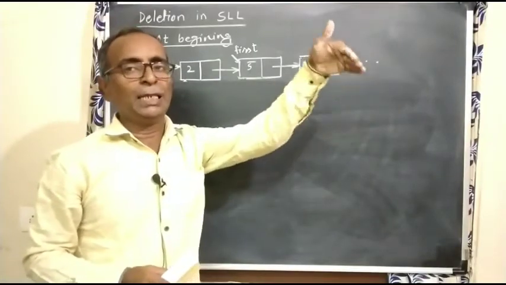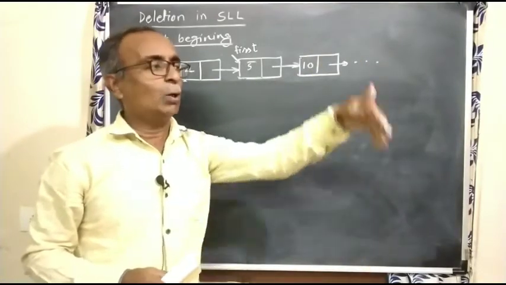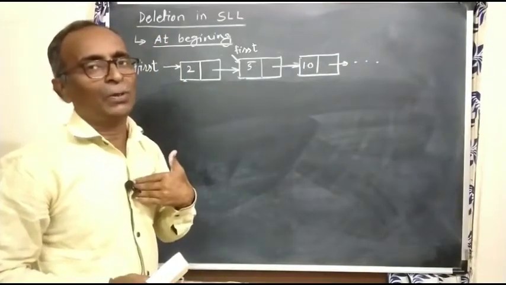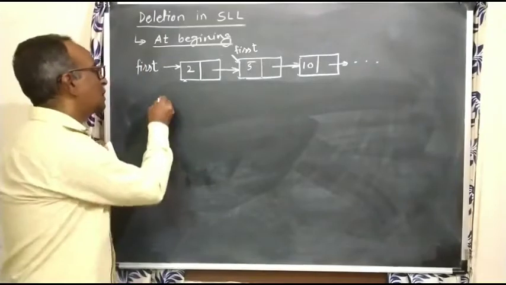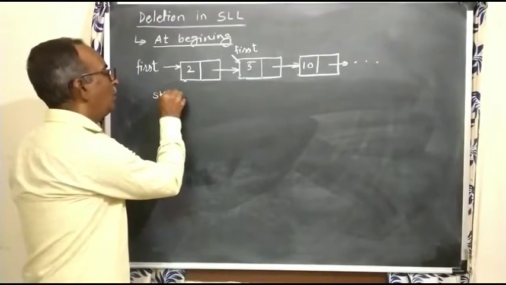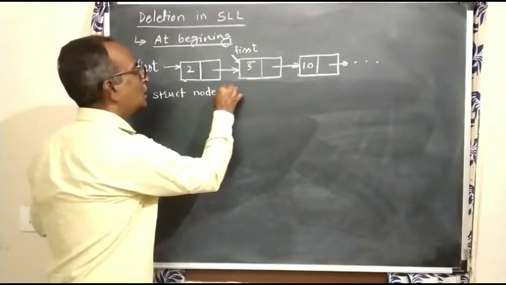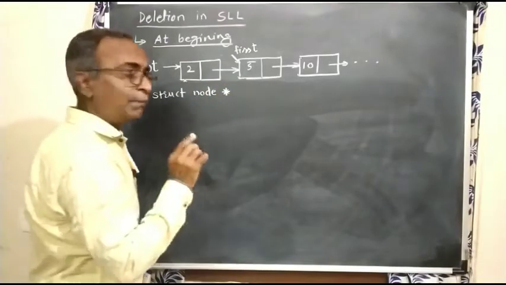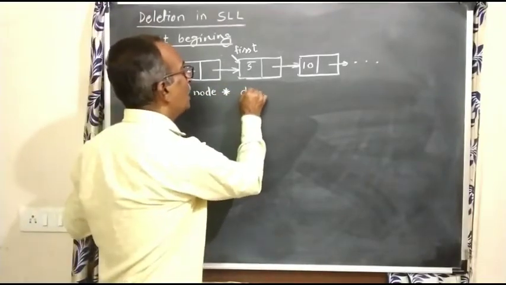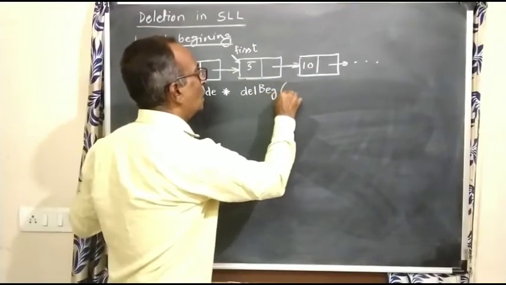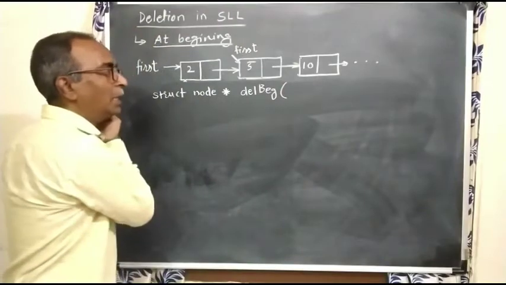But it has to change the first node's address, and whatever change it makes should be reflected back. So my signature will be struct node star, because that function is changing first. Delete beginning node or first node, whatever name you want to give.